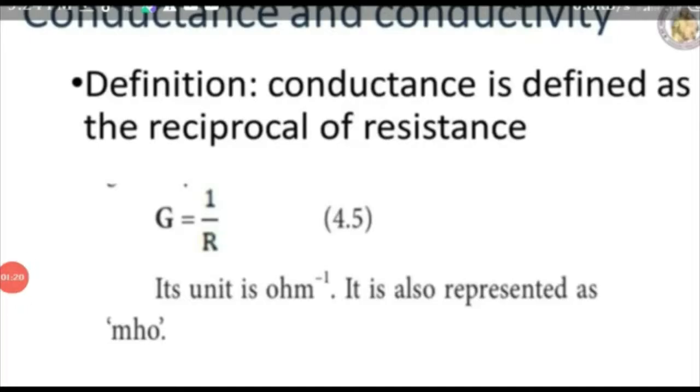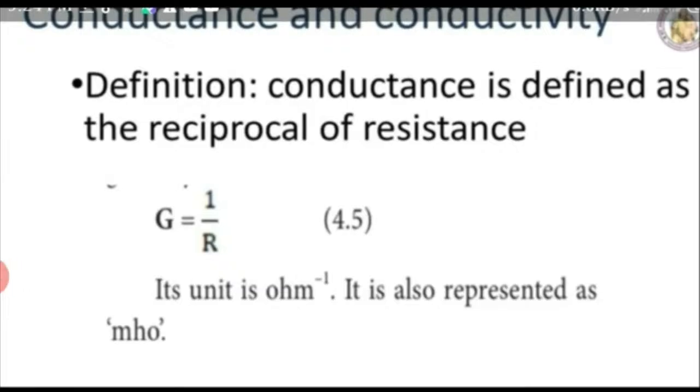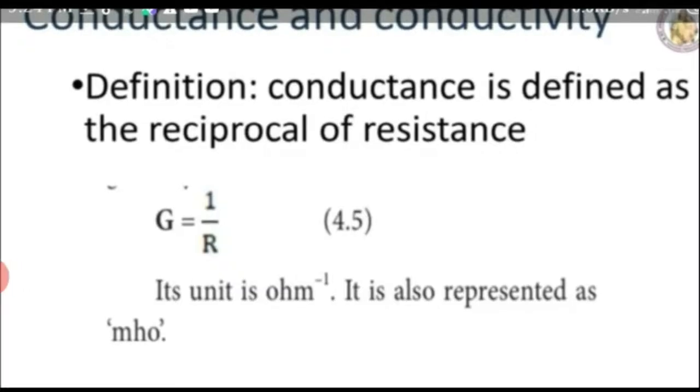Conductance and conductivity. Conductance of a material is the property of a material to aid the flow of charges and hence the passage of current in it. The conductance of a material is mathematically defined as the reciprocal of its resistance.